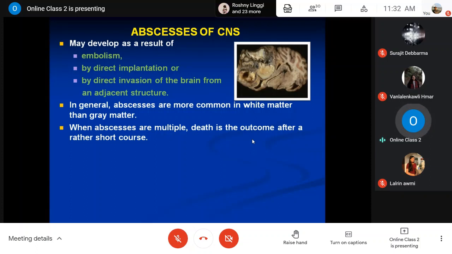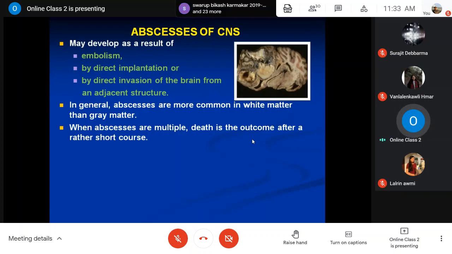That may come along with, for example, an embolism in the blood vessels supplying blood to the brain. Or it can be implanted directly in the brain, or through invasion from surrounding adjacent structures, spreading towards the central nervous system, where they implant and develop abscesses.